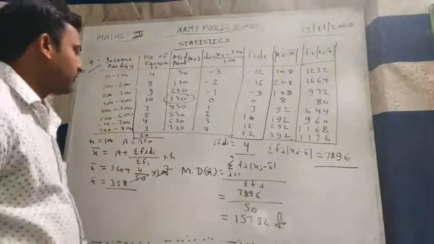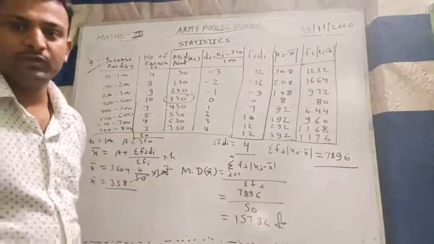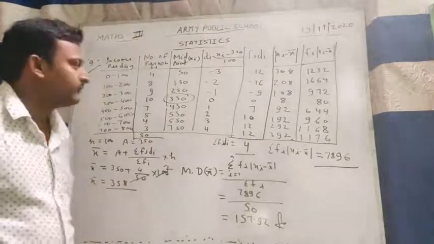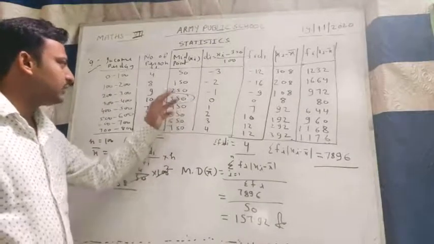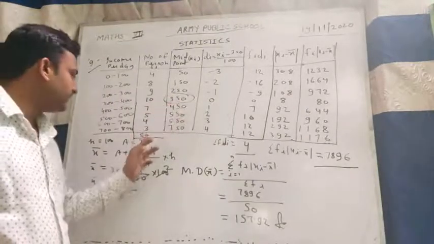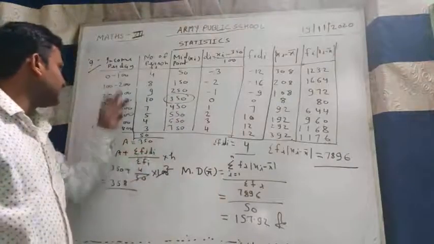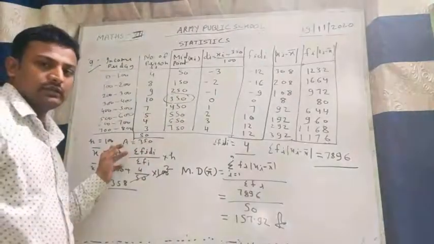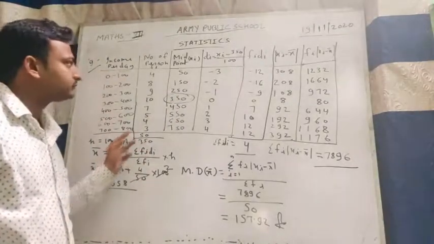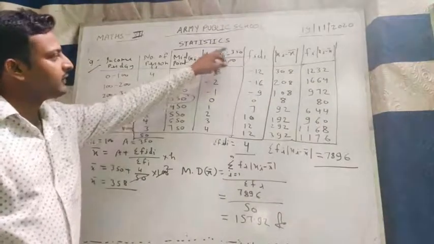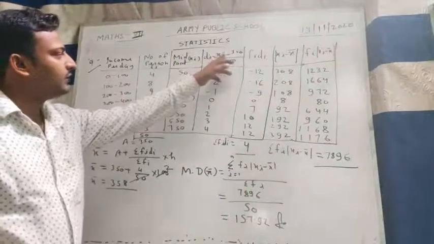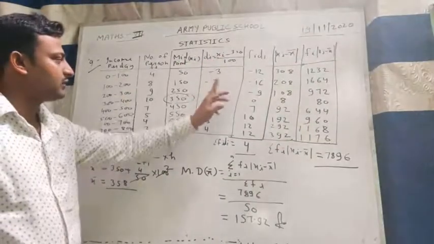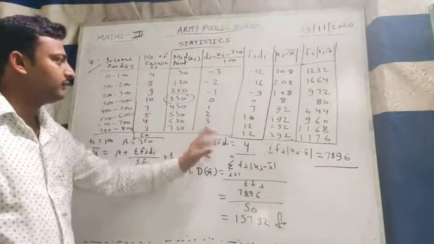And after that we have to find first mean. So to find mean we are using the assumed mean method, and we suppose that our assumed mean A is 350, okay, and class size is h, which is equal to 100. So di is equal to xi minus 350 by 100. Now when we put the value of xi here, we get minus 3, minus 2, minus 1, 0, 1, 2, 3, 4.